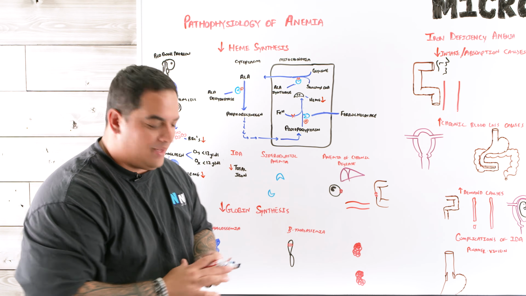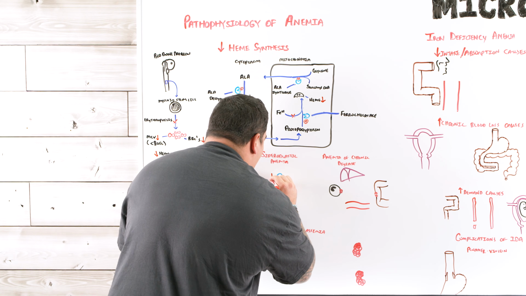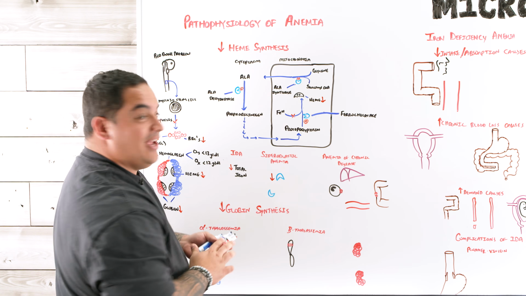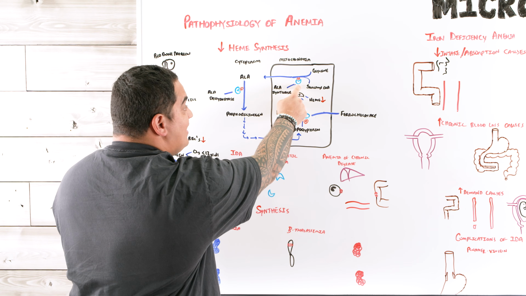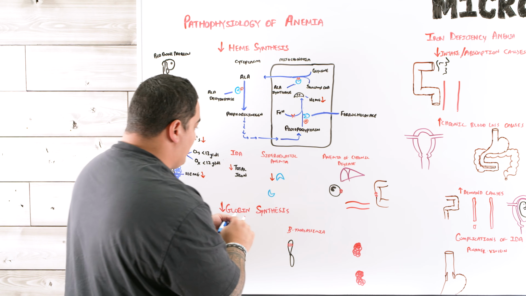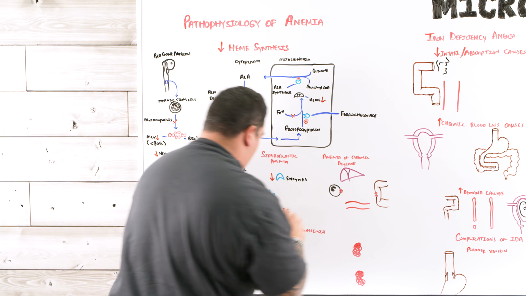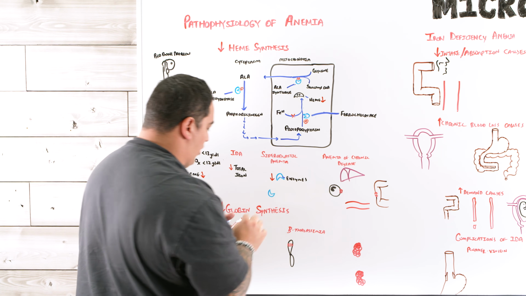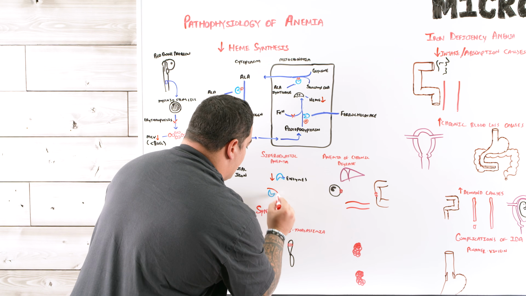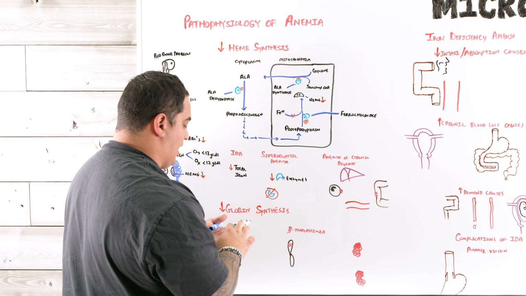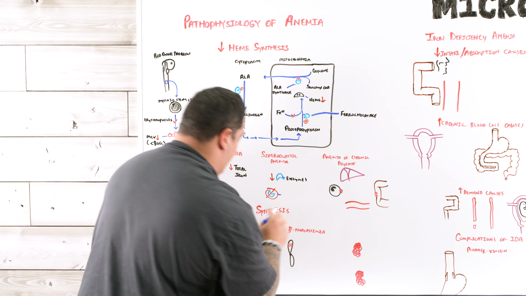Sideroblastic anemia is where there is a decrease in some of these enzymes. So maybe some of these enzymes aren't working. So there's either a decrease in the enzymes that are involved in this step, or there is an absence of these enzymes that are involved in these steps.